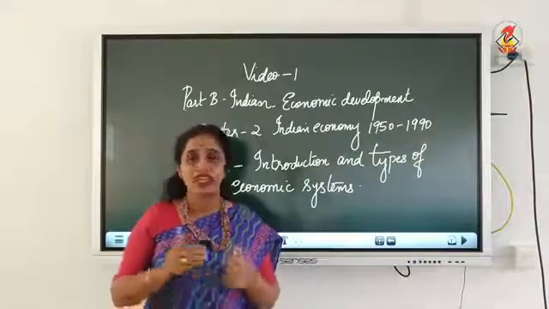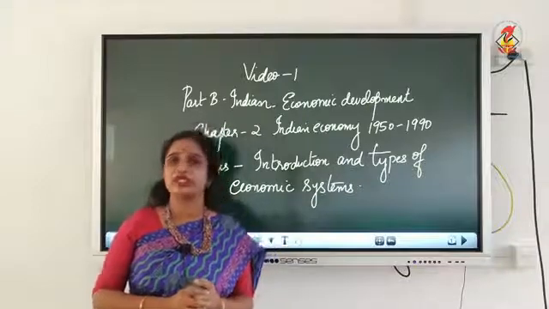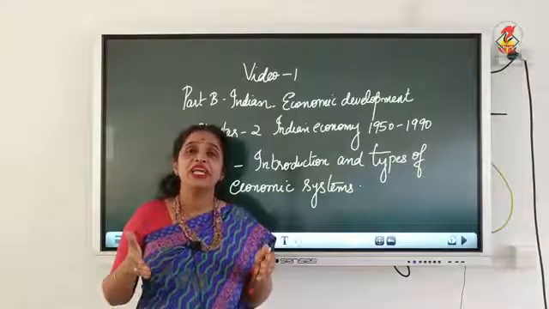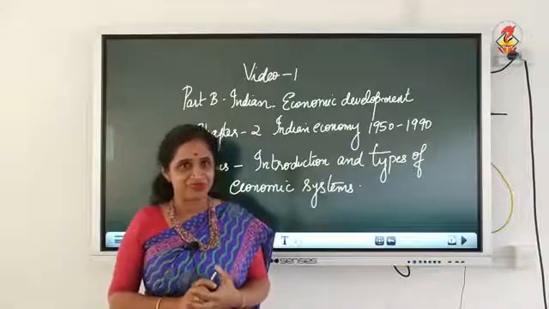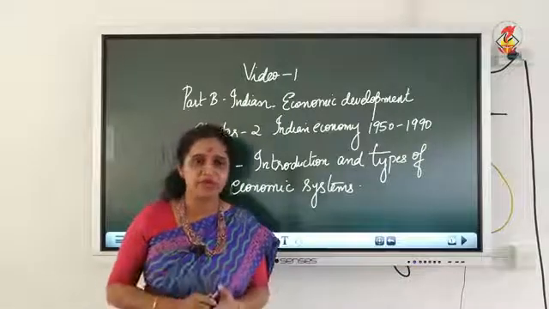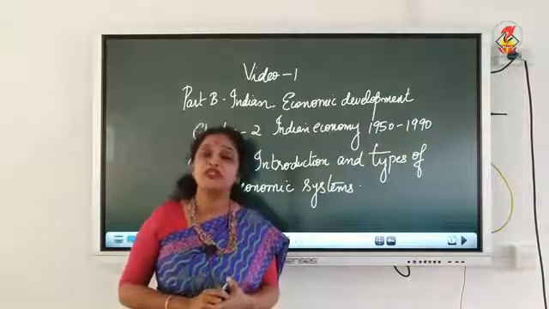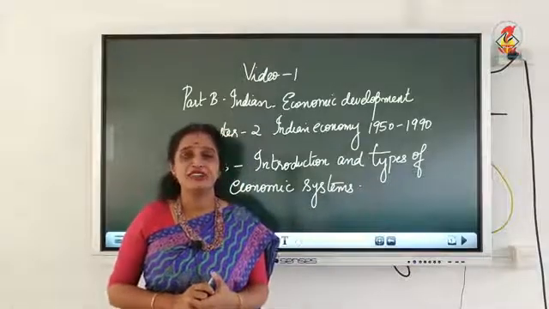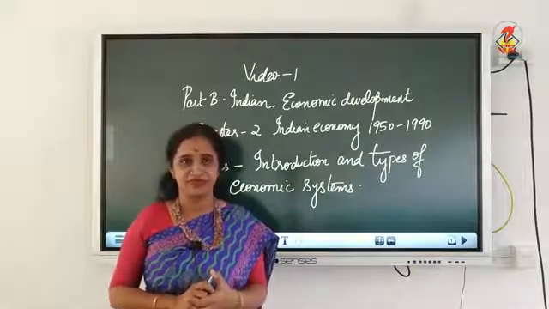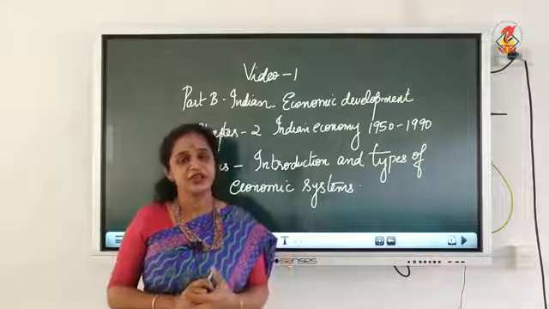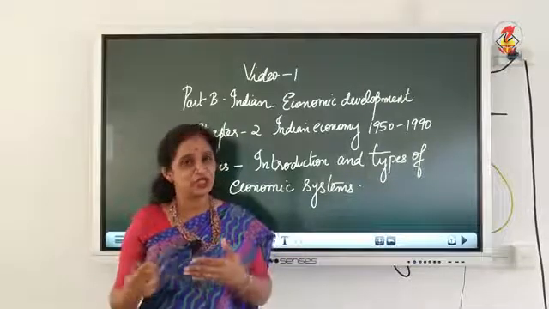Now, with the gain of independence in 1947, we became completely free from British rule. From that time onwards, it became the responsibility of the government to find a new economic system to bring our country back from stagnancy to a prosperous economy.